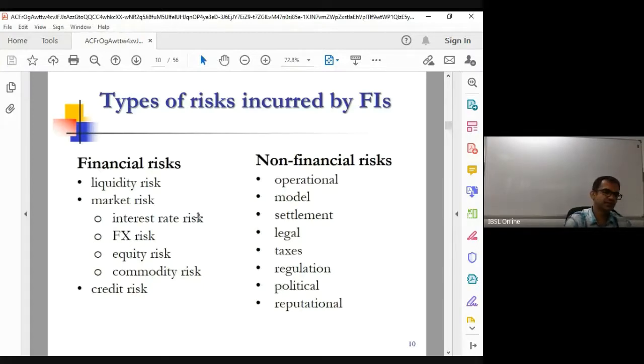We are going to discuss scenario analysis, stress testing, and things like that. To do that, we use models. If that model is not appropriate or it's not properly executed, then we may get a wrong or false outcome. That is model risk.